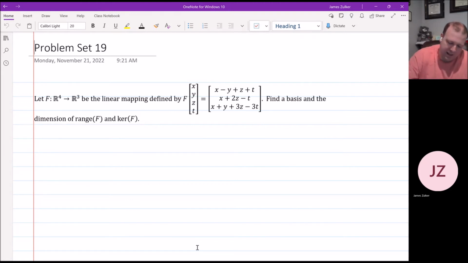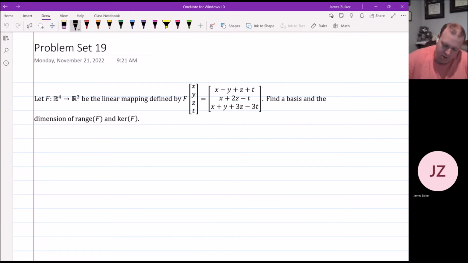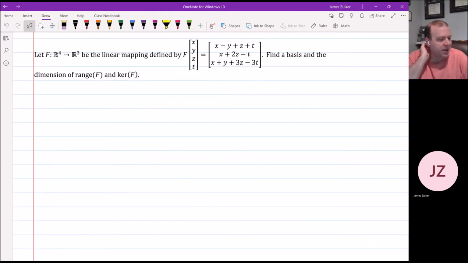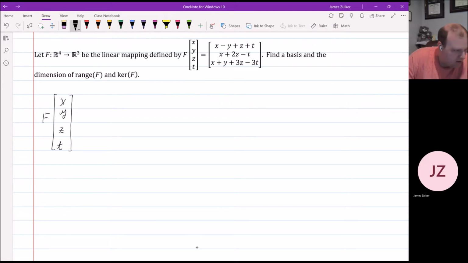Recall that the kernel of a transformation is the set of all vectors that map to the zero vector. So what we want to do for this is take the transformation of an arbitrary 4-vector, right?